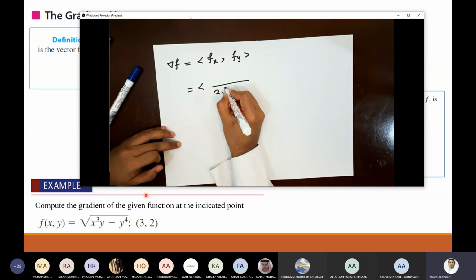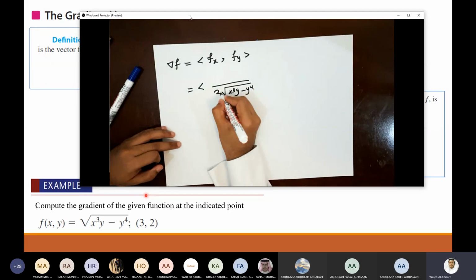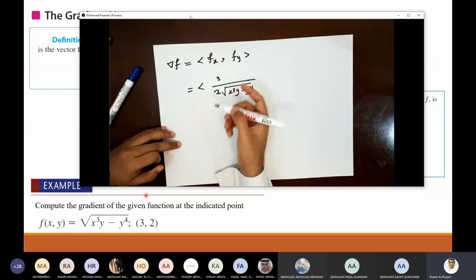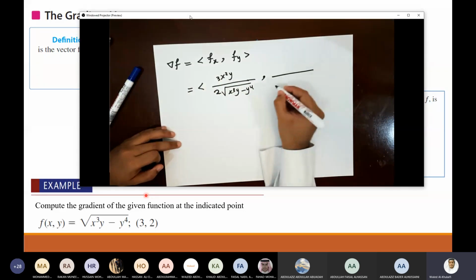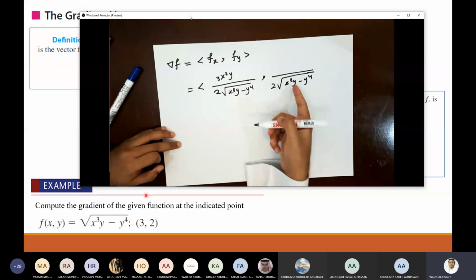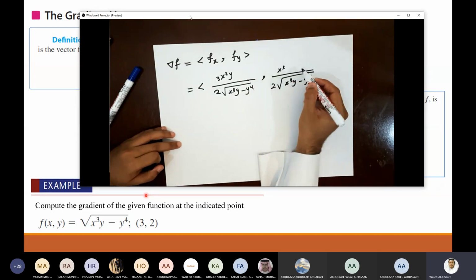Two square root of x cubed y minus y to the power 4, times the derivative inside the root with respect to x, so 3x squared y, since the other term doesn't have x. Then comma, the same thing, 2 square root of x cubed y minus y to the power 4, times the derivative with respect to y. So what is the derivative inside the root? x cubed minus 4y cubed.